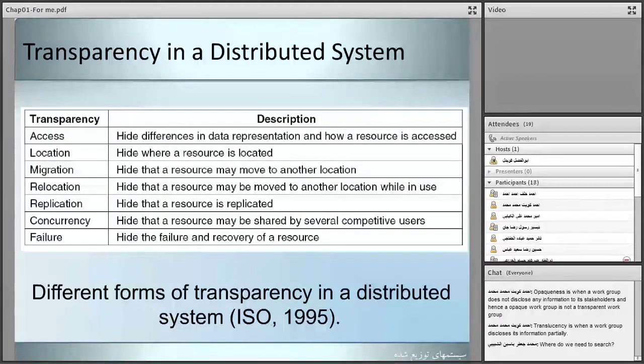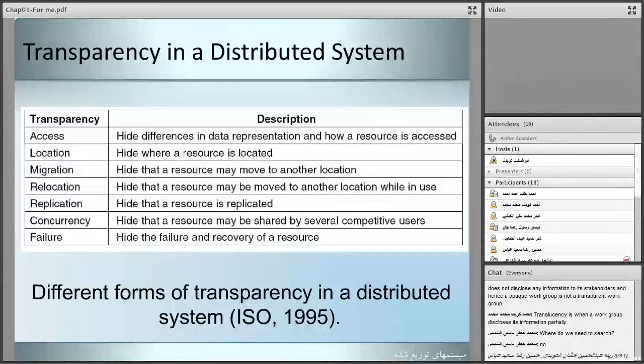Look at this picture. One form of transparency is location transparency. Can you remember what it means, location transparency? No? Why no?